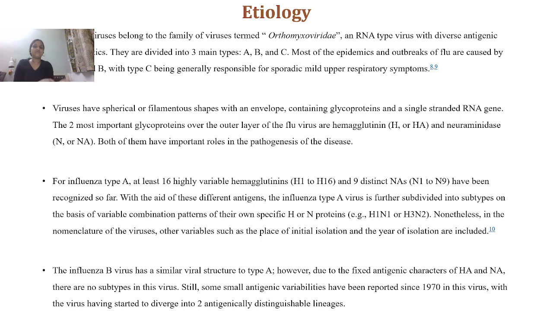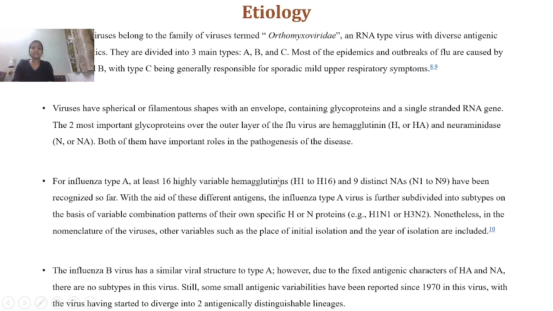These two can form combinations with each other, like I told, H1N1, H2N2, H3N2. One HA will combine with one NA and form a different kind of strain. So here you can see for influenza type A, there will be at least 16 variable hemagglutinins and 9 distinct NAs.